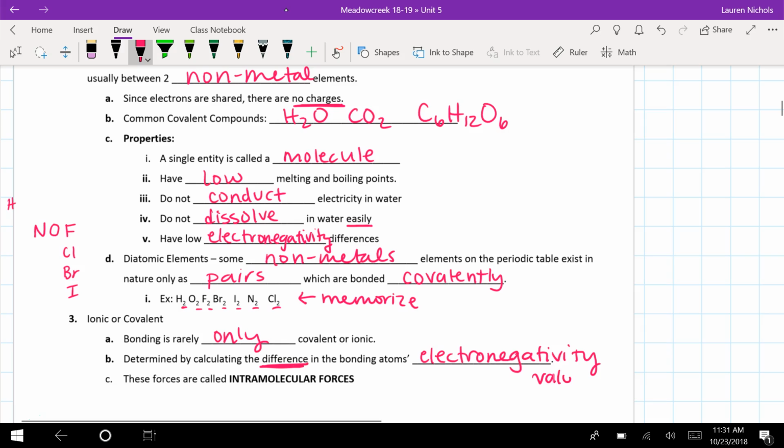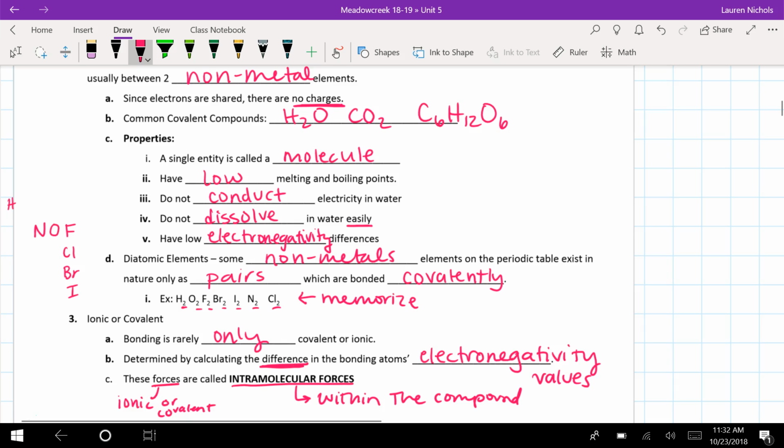These forces, meaning ionic or covalent, are intramolecular forces, because they are within the compound.